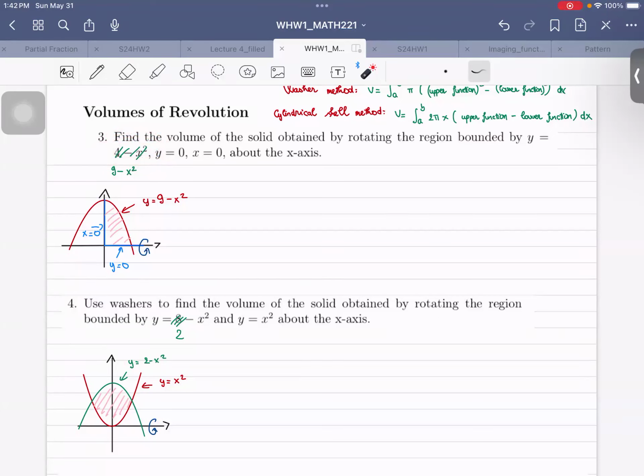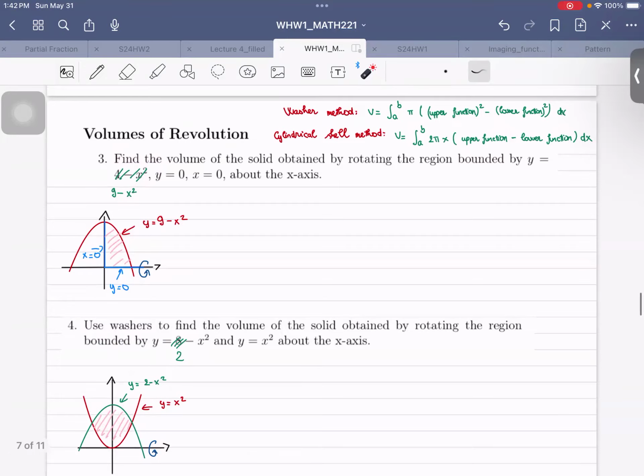Okay. And I would say that when you have to do something about the volumes of revolution, I suggest that you should graph the region to have a better imagination, and then you can formulate your volume better. Okay. So over here, because you're spinning something around the x-axis, I'm going to use the Washer method.